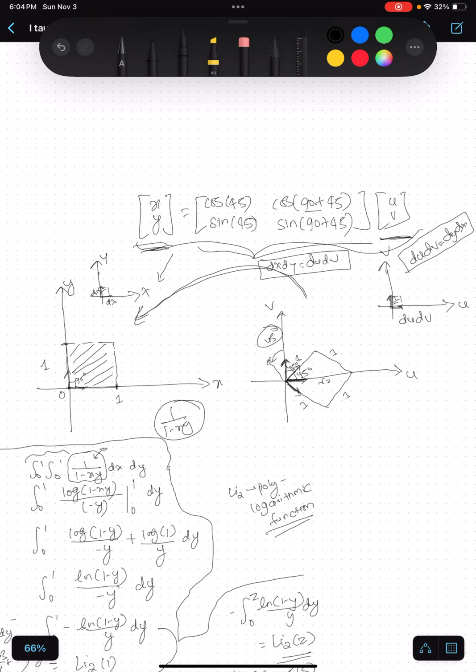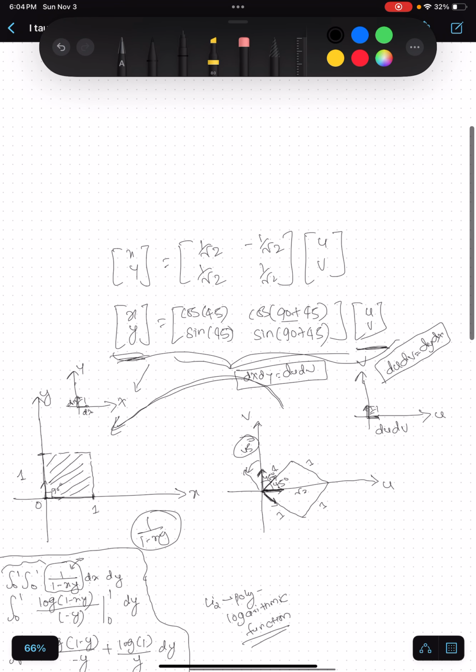Okay, now cos 45 is 1 by root 2, sin 45 is 1 by root 2, cos 135 is minus 1 by root 2, sin 135 is 1 by root 2, right? What I'm basically trying to do is write x and y in terms of u and v, right?